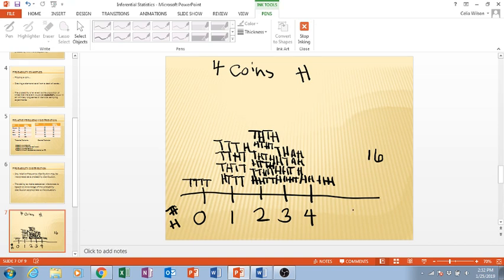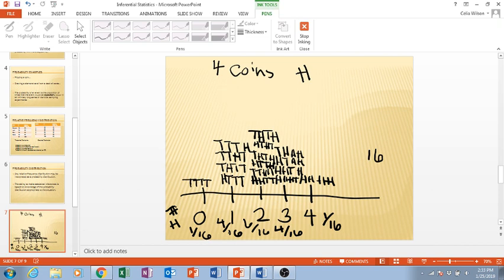Out of the 16, I only had 1 out of 16 possible here. All right, 4 out of 16 here. Remember we said probability is a proportion, right? We had 6 out of 16 possibilities here, 4 out of 16 here, and again 1 out of 16 here.